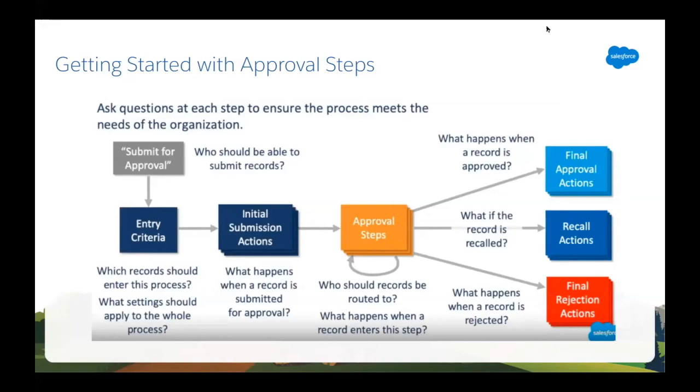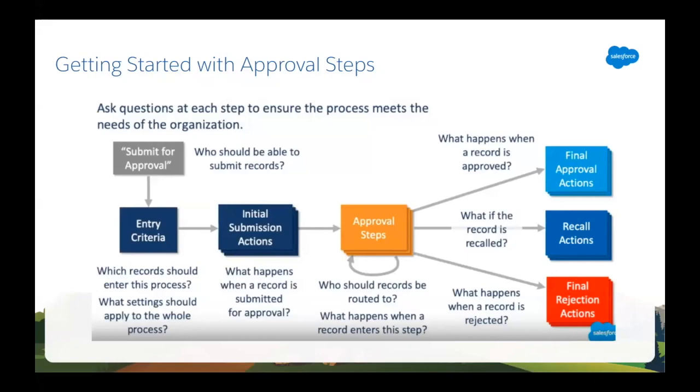Who will approve these? Who will be able to submit records? Is it going to be your sales reps? Is it going to be the managers? Is it going to be your customers submitting approval? Volunteers is another one that I've seen while working in a Salesforce org.